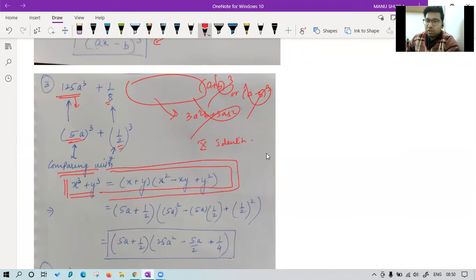There only we learned these two formulas, that is x cube plus y cube and x cube minus y cube. I hope all of you have got that there is a difference between (x plus y) whole cube, (x minus y) whole cube, and x cube plus y cube, x cube minus y cube.